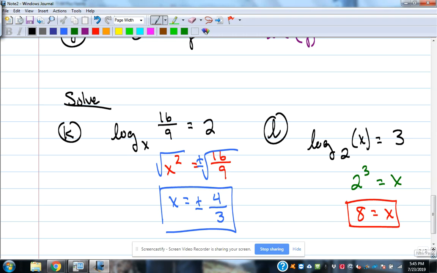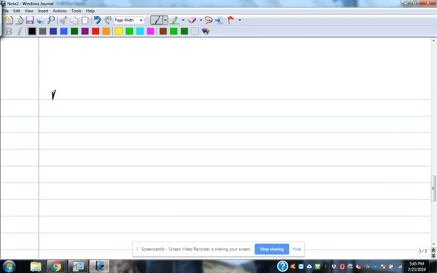Let's go a little deeper here. Let's say we had log base 36 of the square root of 6 is equal to x. This one's a little tougher, but the idea is that we may be able to manipulate this into an equation style that I could work.